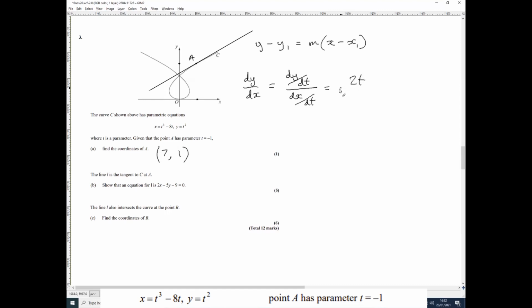Good. dx/dt is 3t squared take away 8. I was thinking as if it was squared in my head. Fine.